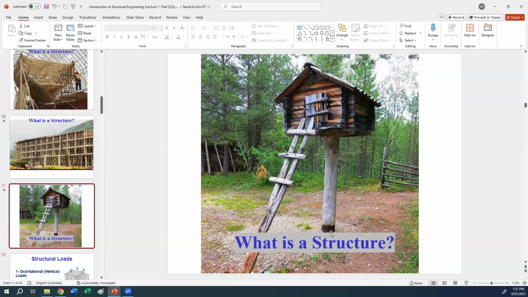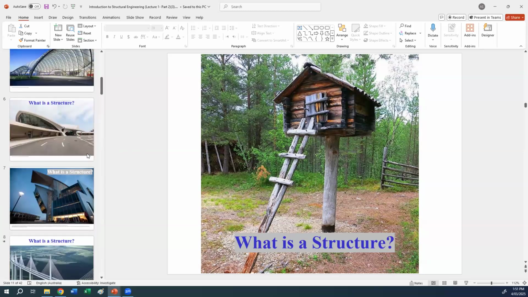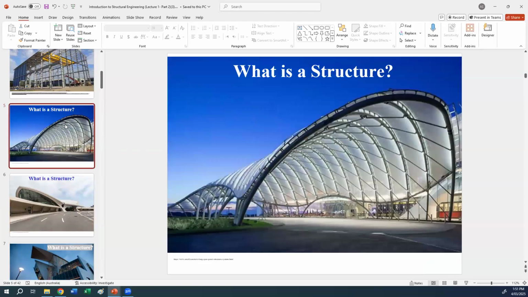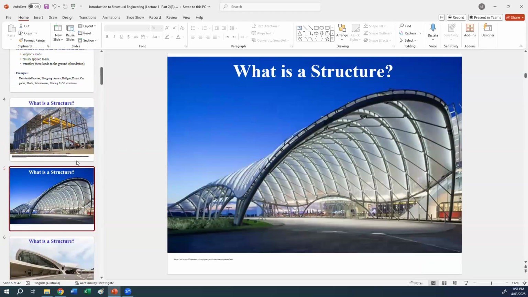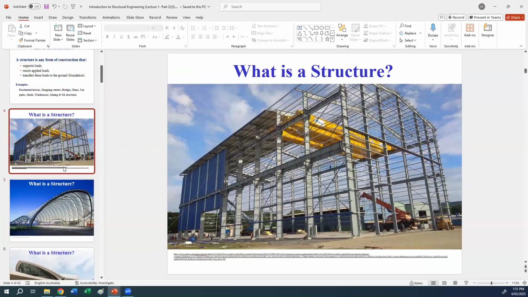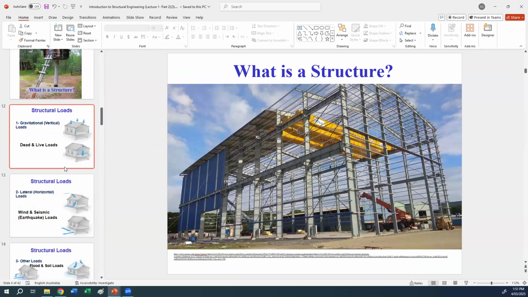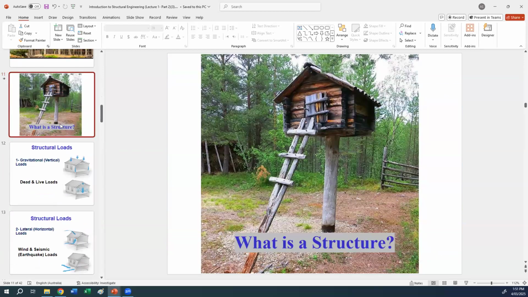Some of them are simple, like this one. Some of them are complicated, like this one, for example, or this one. Some of them are systematic, like this one. So all of them are considered structures, and you can see them around you in your normal life.